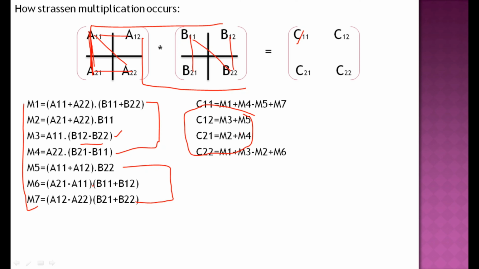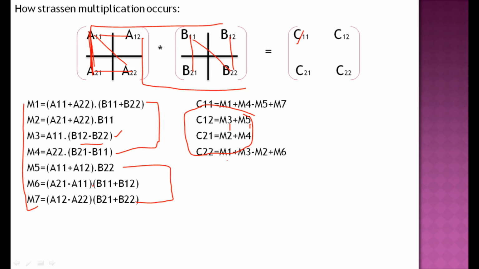C12 is equal to m3 plus m5 and C21 is equal to m2 plus m4. Decrement each value by 1: 3 minus 1 is 2 and 5 minus 1 is 4. So C21 is m2 plus m4.